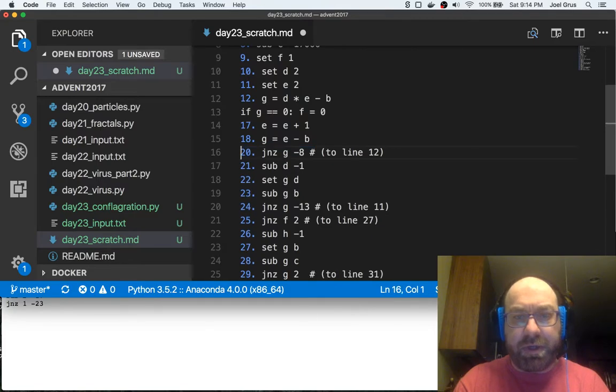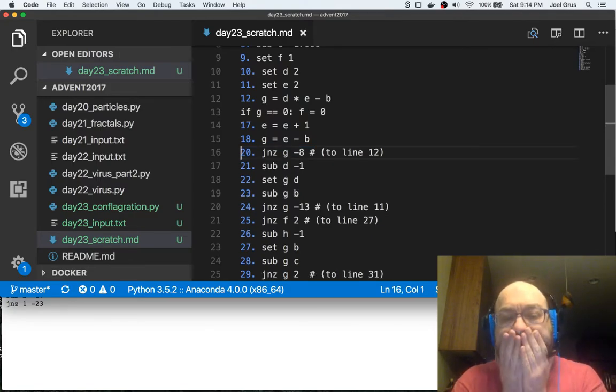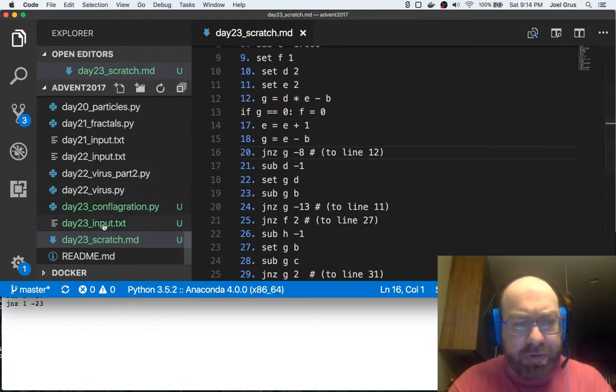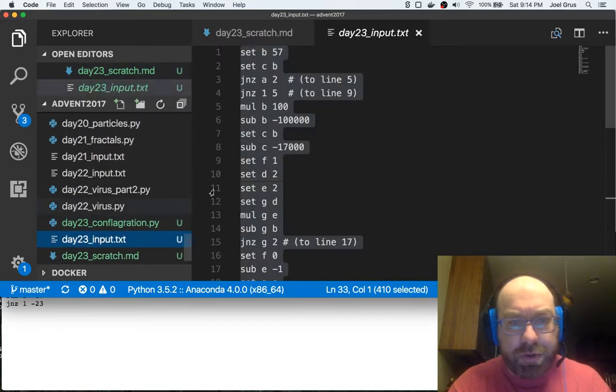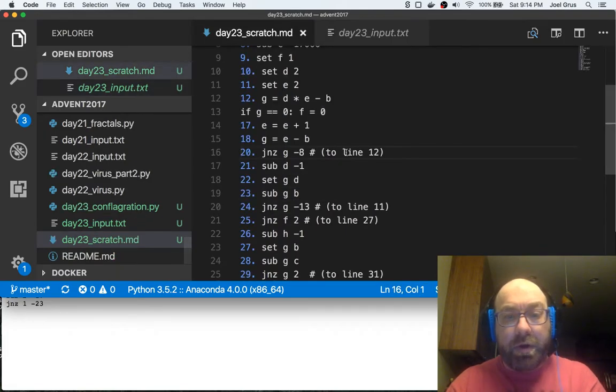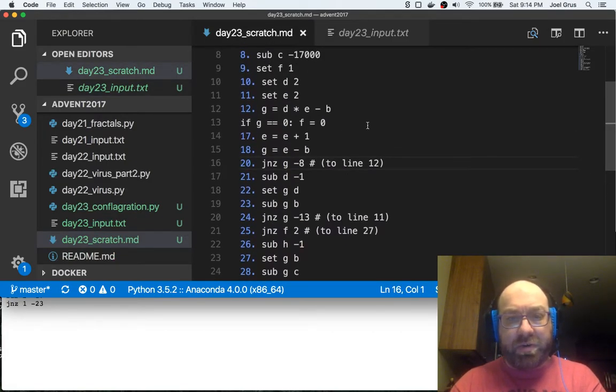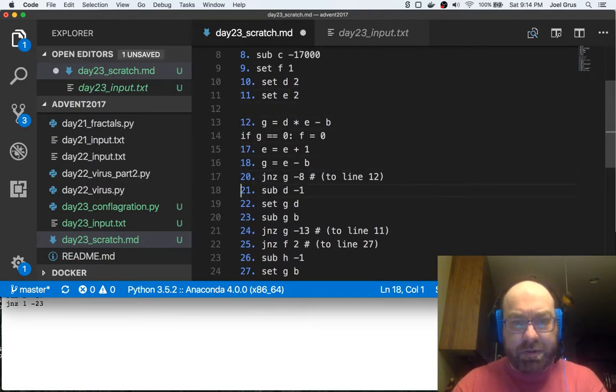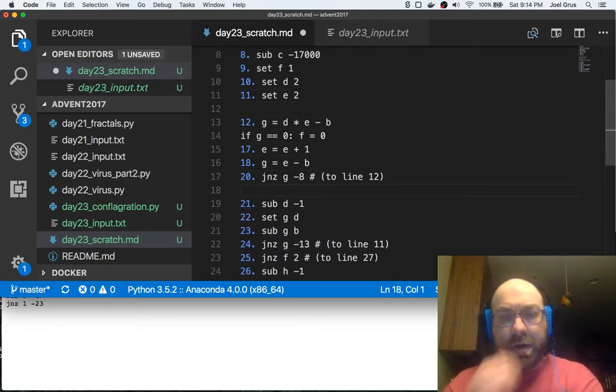G equals E minus B. So did I do that one right? G equals E minus B. Yeah. Okay, so now to line 12. So let's look at this bunch here.